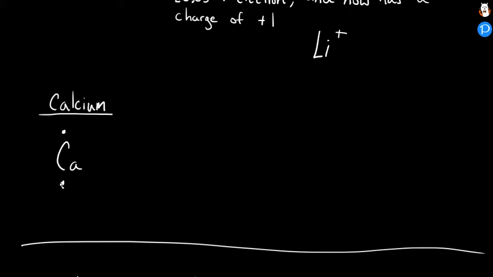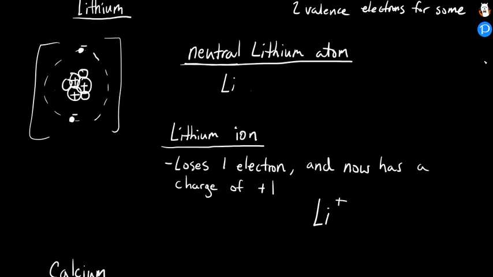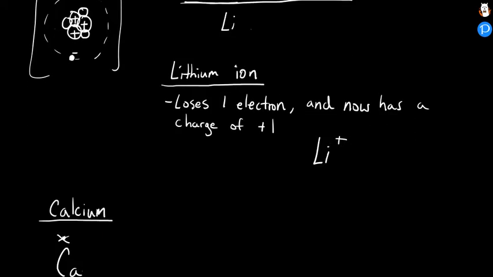It only has 2. And so we ask ourselves, is it going to be easier for calcium to lose these 2 electrons? Or is it going to be easier for calcium to try and gain 6 electrons to get a full outer shell? The answer is it's going to be easier for calcium just to try to get rid of these two, because then, again, like this atom of lithium up here, it would drop down to this shell that is already full.